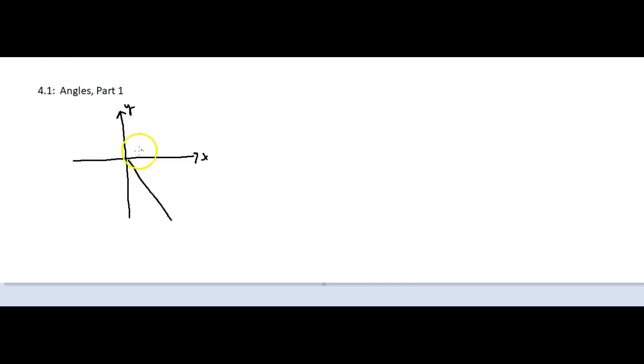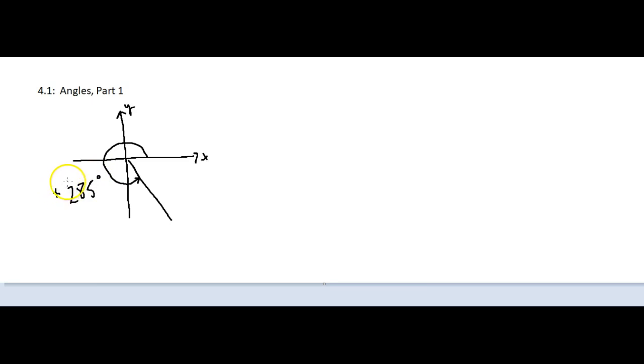So the positive angle begins on the positive X-axis. So this is my initial side right here still. And the rotation is going to go counterclockwise. So around here, 90, 180 at this point, 270, and let's say this is another 15 degrees, so that's actually a positive 285 degrees.